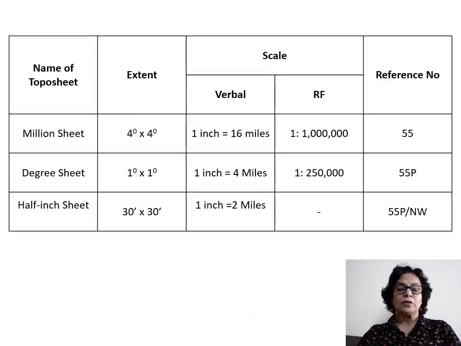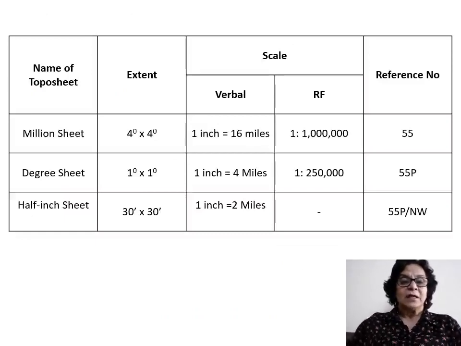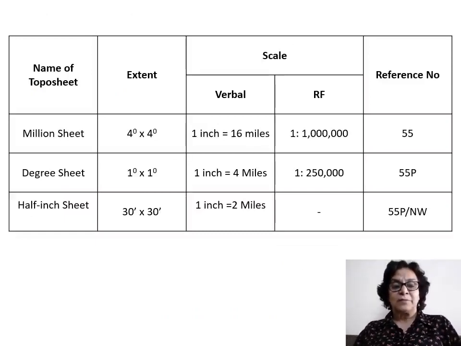So let us get to the summary in the form of a table. Let's revise this. The name of the topo sheet, if it is a million sheet, what is the extent? 4 degree by 4 degree. These are the verbal scales and the RF, and it is known by a number, single digit, for example 55.